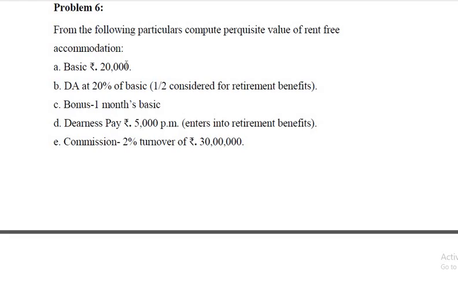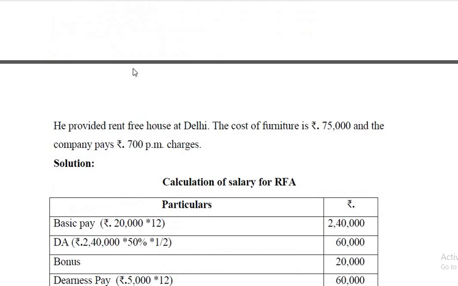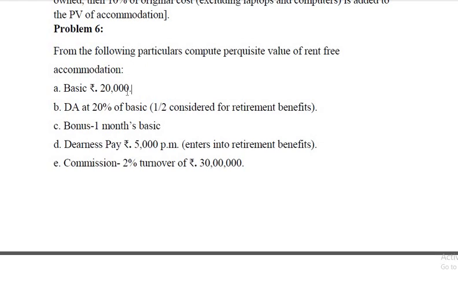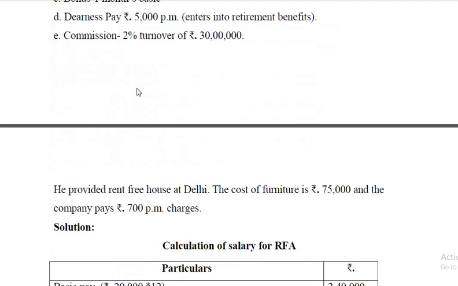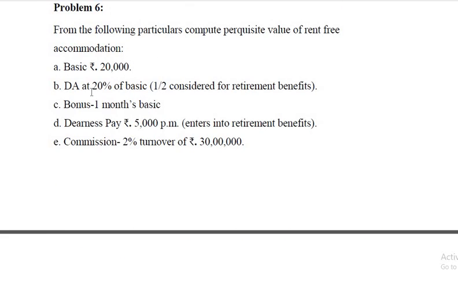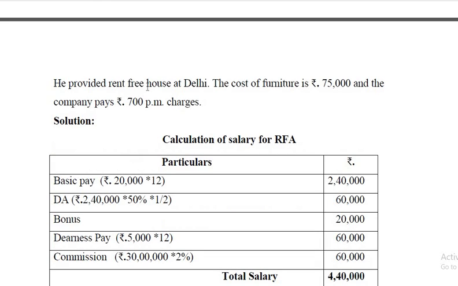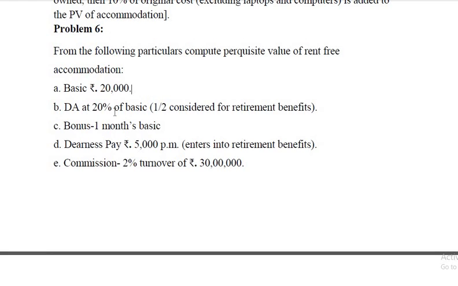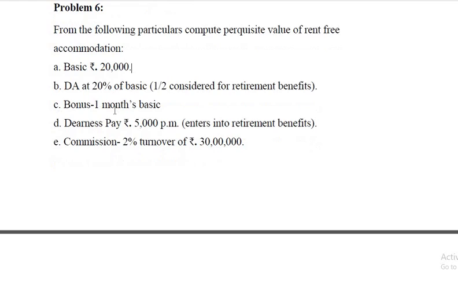Basic, it is 20,000. Of course, I made a mistake here. It is per month, 20,000 per month it should be. Then 20,000 into 12, that should be 2,40,000. Then DA, it should be 50%.